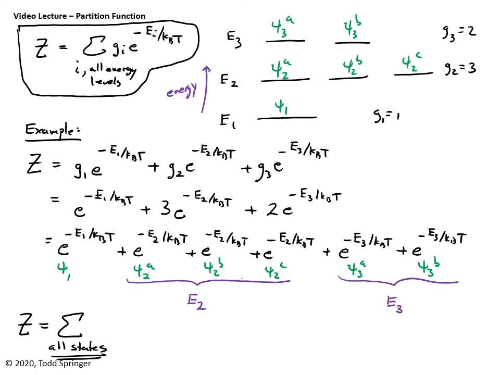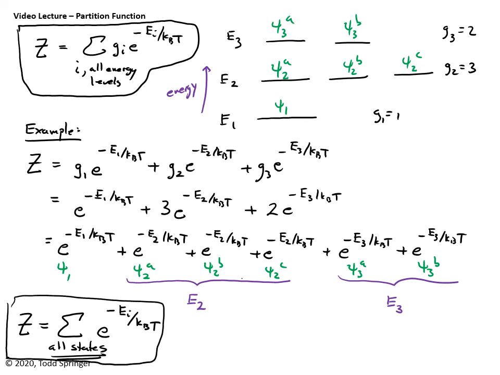Not energy levels, all states. Right? In this example, there's 1, 2, 3, 4, 5, 6 states. That means there's 6 terms in the sum, and we wrote them all out here. Sum over all states, e to the minus the energy of that state divided by k_B T. It's the same answer as above, just a different way of framing it.